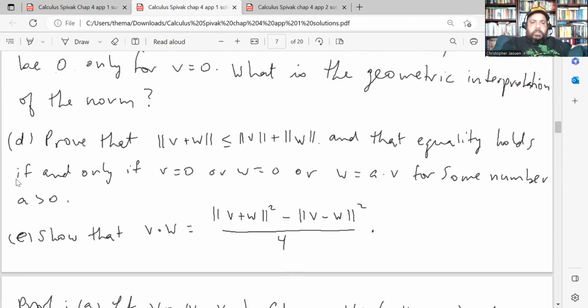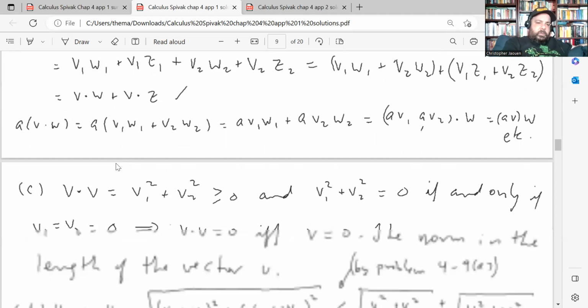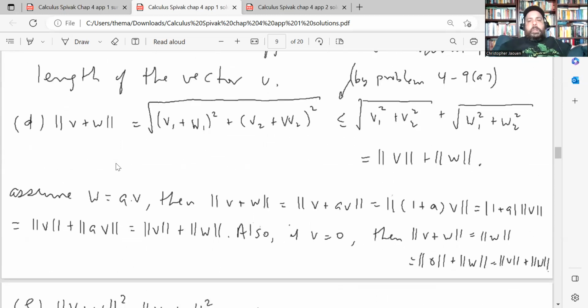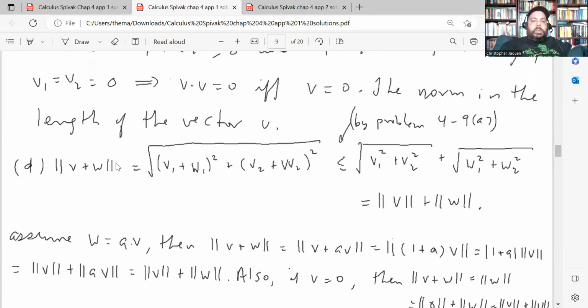prove that the length of V plus W is less than or equal to the length of V plus the length of W, and that equality holds if and only if V is 0, or W is 0, or W is A times V, that's scalar multiplication there, for some number A greater than 0. So essentially you're saying prove the triangle inequality for vectors. Scrolling down here, all I did was use the formulas that we derived in problem 4.9A.